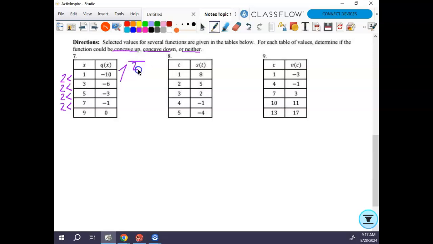So 2 goes in the bottom, and then I'm going to have -6 minus a -10. So what's that going to be? 2. All right, then you go ahead and find the rest of them.